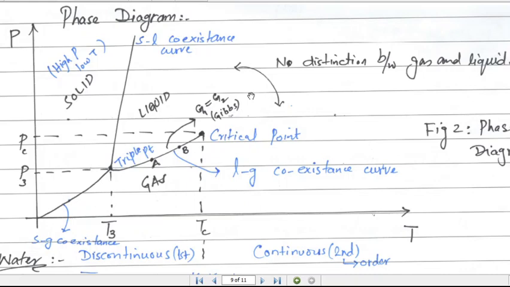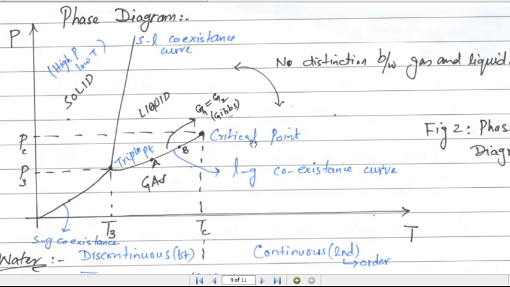How can you distinguish between different phases? For example, a solid and a liquid: we can clearly distinguish the boundary between them, because there will be a boundary between the solid and liquid. Similarly, we can also distinguish between liquid and gas, because there will be a boundary between these phases as well. For example, a meniscus will be there on the surface of water, by which we can distinguish that this is the upper layer of the liquid, and this is the region where the gas starts.